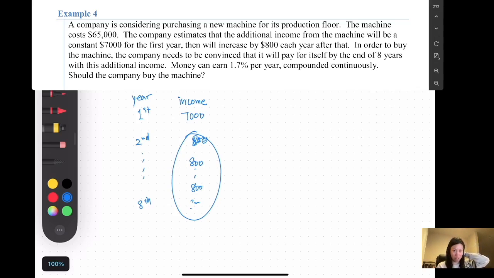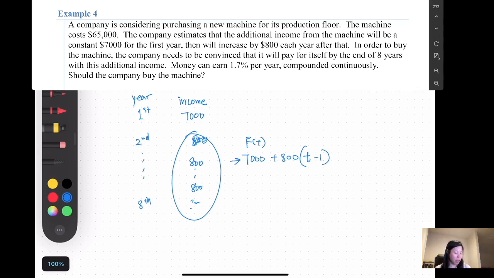Since we know that the first year is 7,000 and after that it's going to increase 800 each year, that means it's going to be a linear function. However, we don't start with the first year. It's starting from the second year. So the continuous income function from the second year to the 8th year looks like this one.